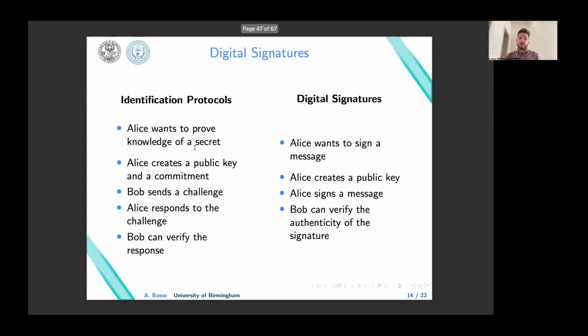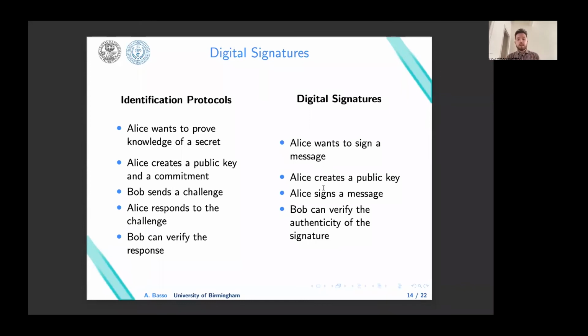We also have digital signatures, which are somewhat similar, but they somewhat mimic what, in real life, we do when we sign a document. So we have that Alice wants to sign a message, as in proving that she generated or she did the message, which means that only Alice can create a valid signature.